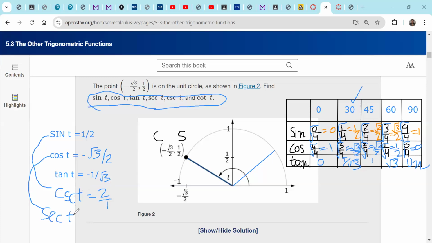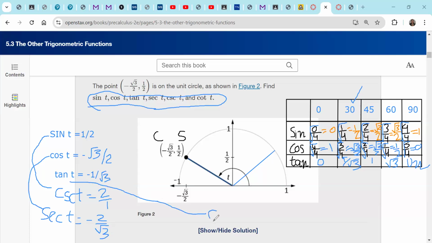Secant will stay negative, and then 2 over square root 3. And then your cotangent is opposite of the tangent.